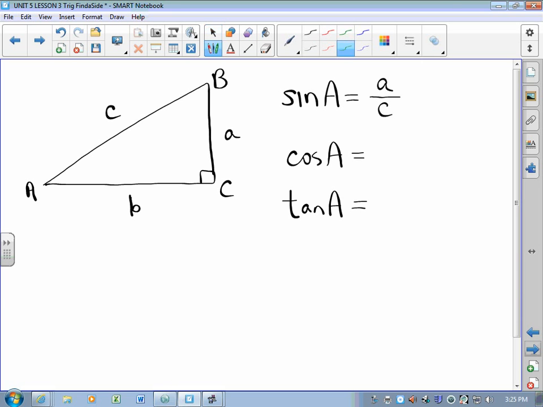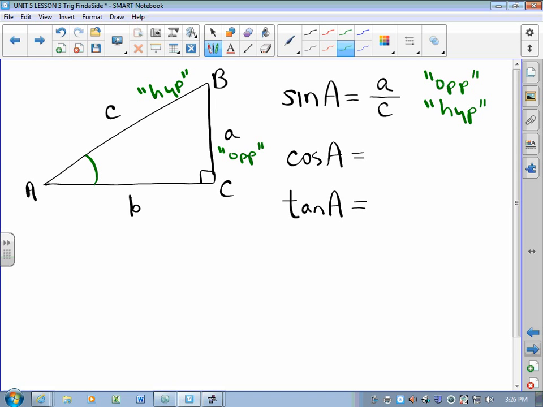The sine of angle A is the opposite side over the hypotenuse. So if I'm looking at angle A, little a is the opposite side, and side c is the hypotenuse.